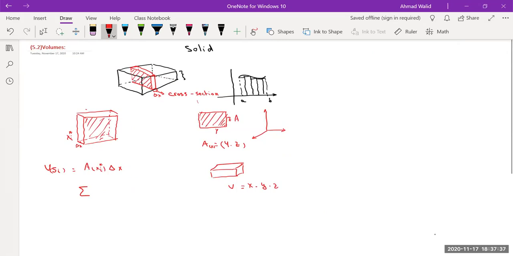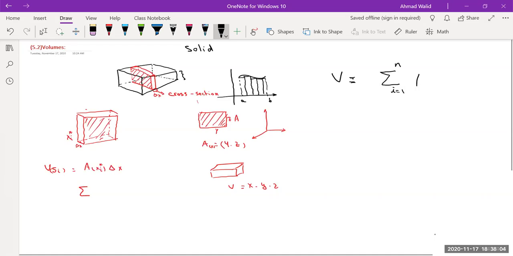Then if I want to find the volume of this shape, my formula will be the Riemann sum: V equals the sum from i equals 1 to n, and we are trying to make a lot of tiny slices or slabs so we can add all of them.